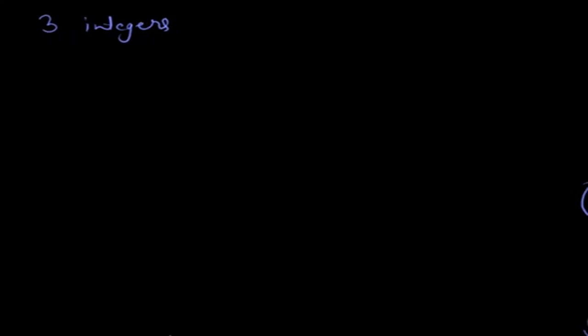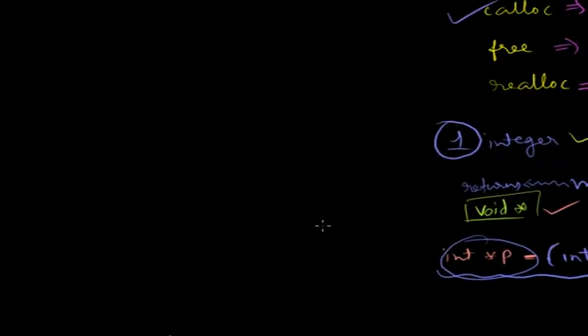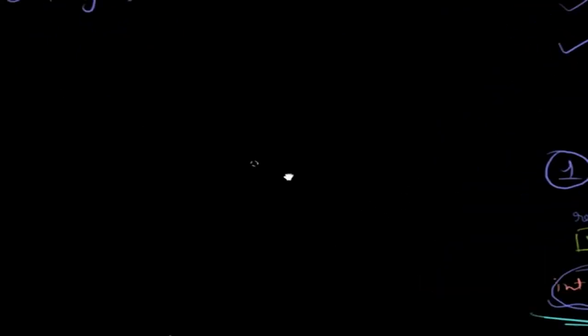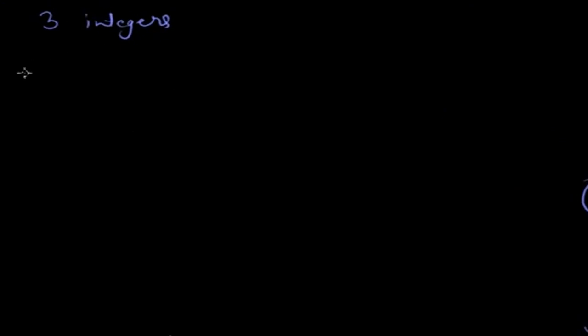And you go about the same way. You have already declared the pointer int star p here, and just use this pointer. p equals, you will have to typecast this void pointer which is returned by calloc or malloc into a meaningful pointer, which is int star for us because we are storing integers. So int star, and we allocate memory with calloc.